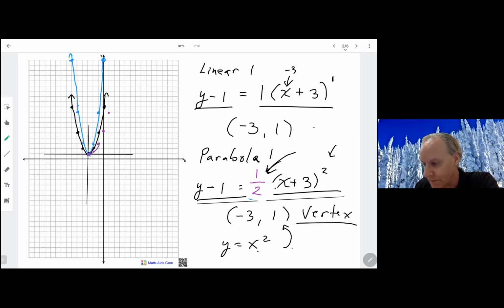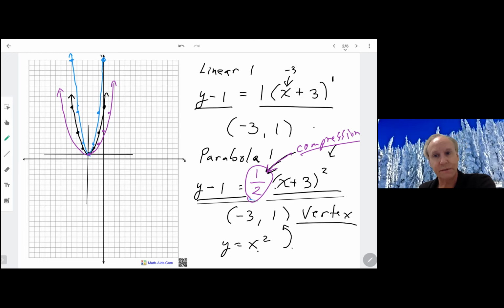Anyway, there it is on this side. And what you're going to notice is that my purple one is wider and been compressed. And I call this 1/2 the compression factor. That's all you need for all these kinds of equations where this number is positive.